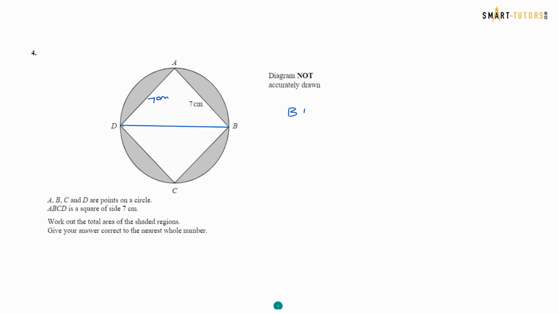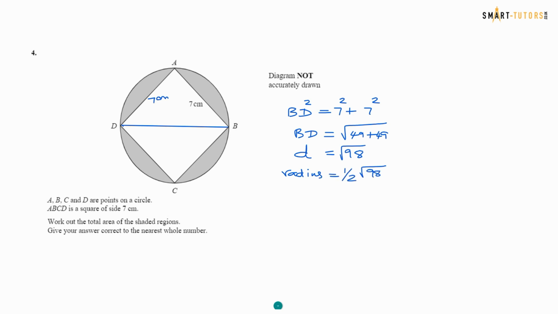So BD squared equals 7 squared plus 7 squared, so BD equals square root of 49 plus 49, which is square root of 98. I keep that answer as it is, and BD is the diameter. So the radius of the circle is half of square root of 98.